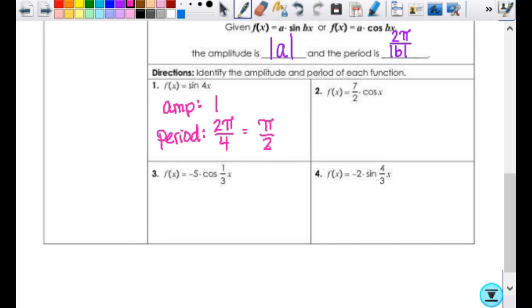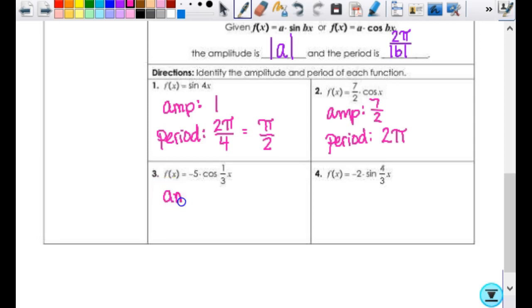Okay, so the period is pi halves, the amplitude is 1. For number 2, the amplitude is 7 halves. The B is 1, but the period then is 2 pi divided by 1, so it's 2 pi. So remember, your x-axis has pi's on it.